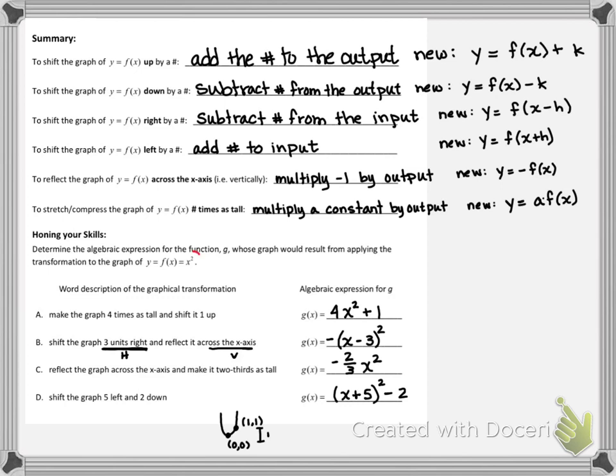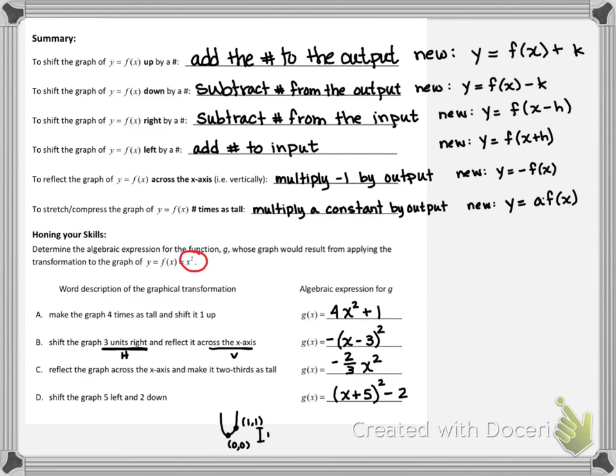So the original function is x squared. So squaring it is just making it into a transformation of the x squared function. Everything that we do other than squaring it is what's going to stretch it and move it and flip it. But the x squared itself is what we started with. So that's our base operation.